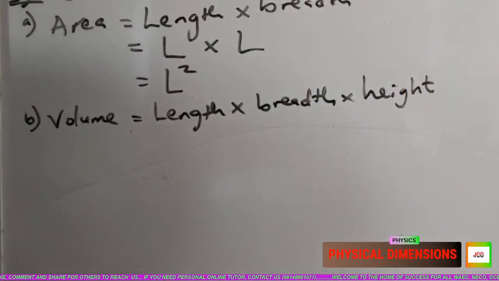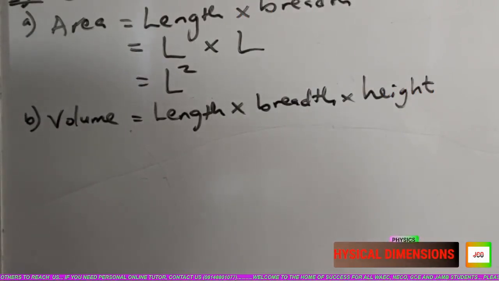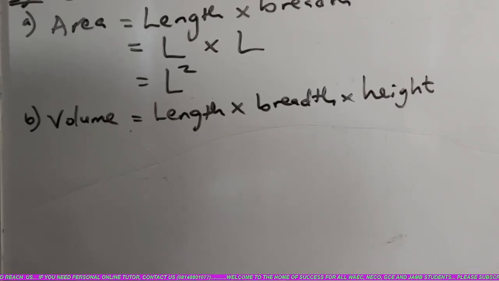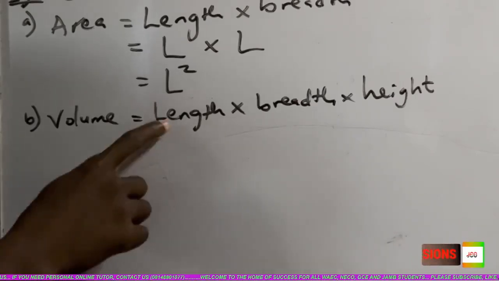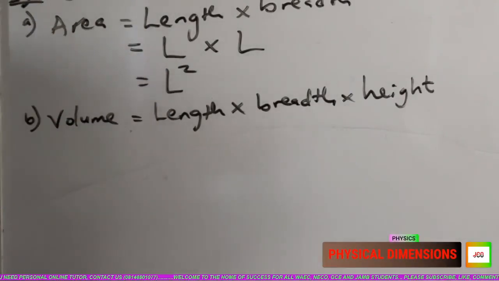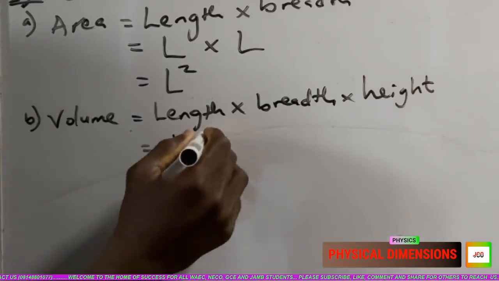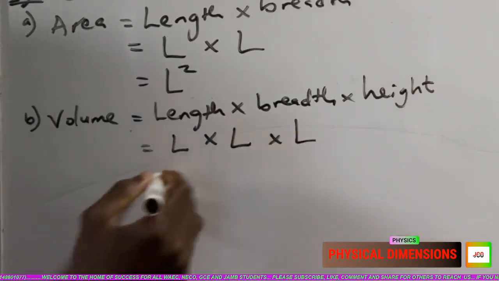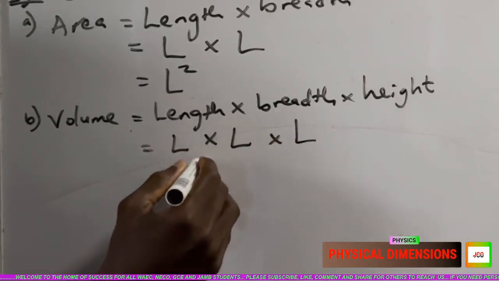So like we said, understanding fundamental and derived quantities is very basic and primary to dealing with physics problems. Length, looking at it, is L. Breadth is also L. Height is also L. So it becomes L times L times L. That gives me L cube.